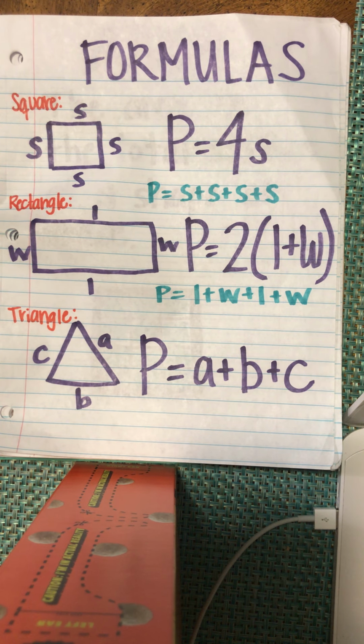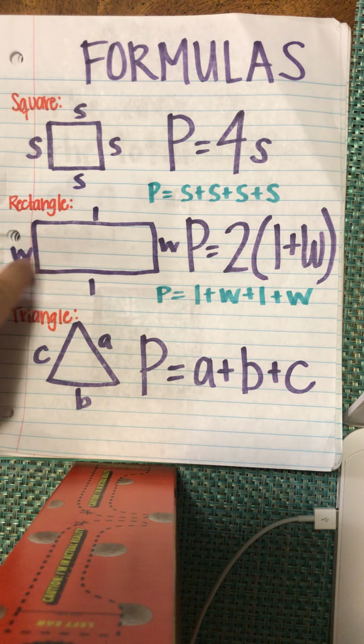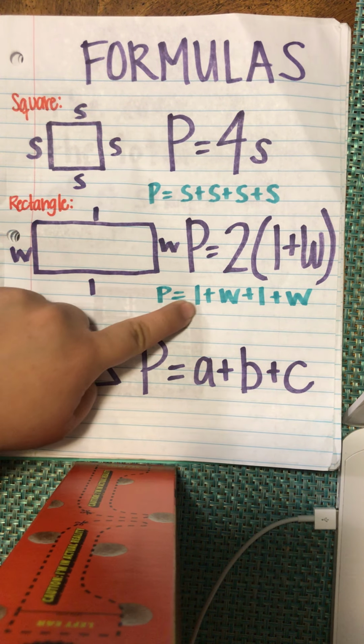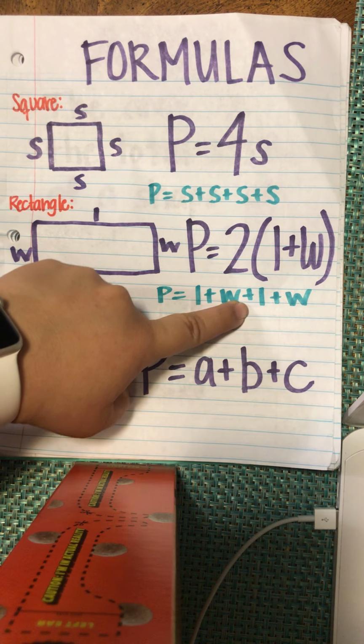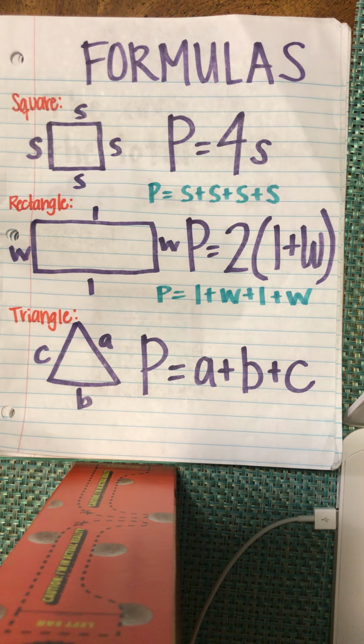Or you can also do the simple way, which is just adding up all the sides. But this one right here says L plus W plus L plus W. So you can do it either way. You'll get the same answer.